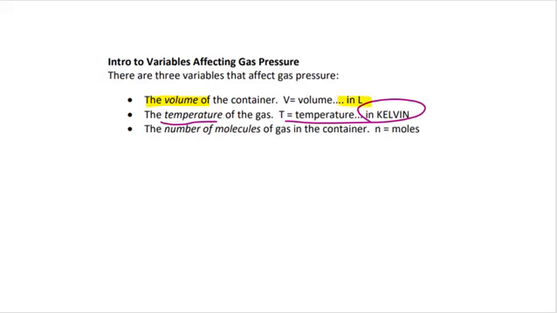We would measure volume in liters. We'll also look at how the number of molecules can affect pressure, and we'll be referring to that in moles, or Avogadro's number, right? Do you remember that there's 6.02 times 10 to the 23rd molecules in a mole of gas? So the more molecules or particles that we have, how does that affect gas pressure?